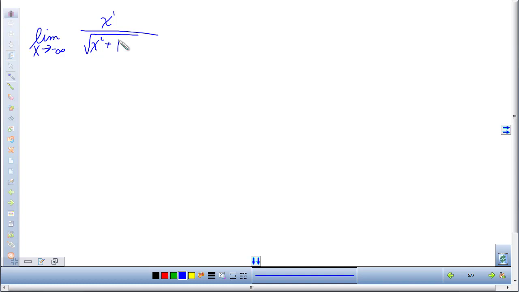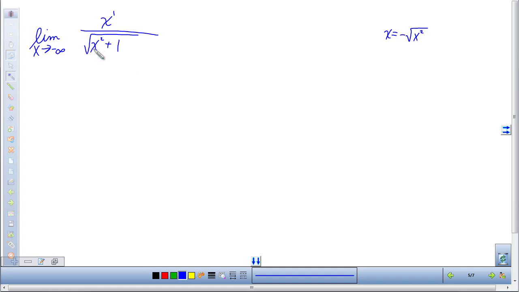So I'm going to divide the top and bottom by x to the first power or its equivalent. Now, what we have to pay attention to is the fact that x is approaching negative infinity. So in that case, we can say that x is equal to negative square root of x squared. I'm not going to just divide by x here because I've got my radical.